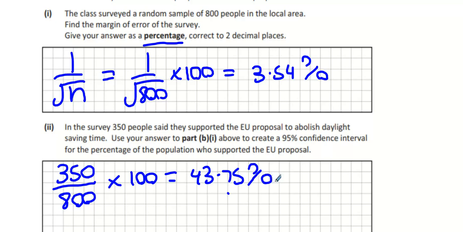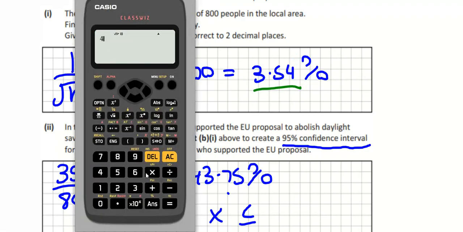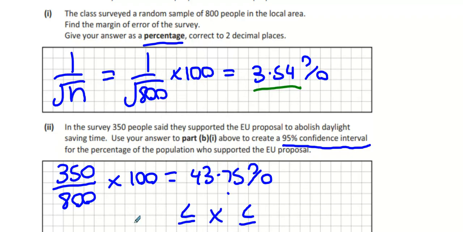Now, it wants me to create the 95% confidence interval. Everybody see that? Everybody know how to do that? What do you do? Yeah, you take your error away from the statistic, and you also add it on. So what happens when you take it away? 40.21. Fair play to you, you have tons of these done.